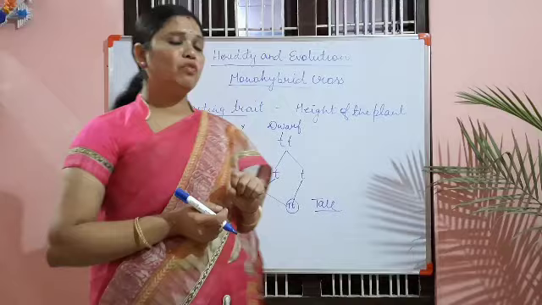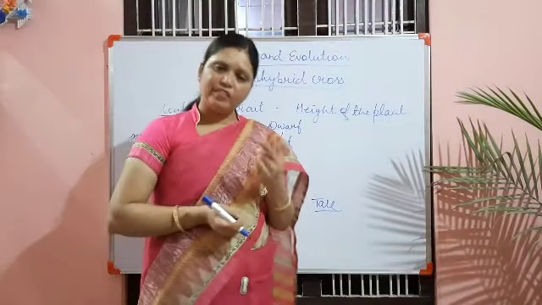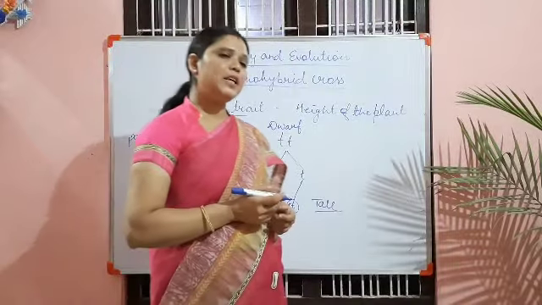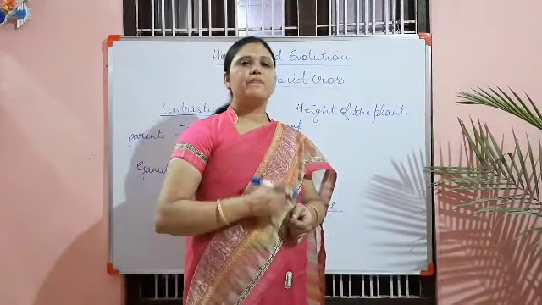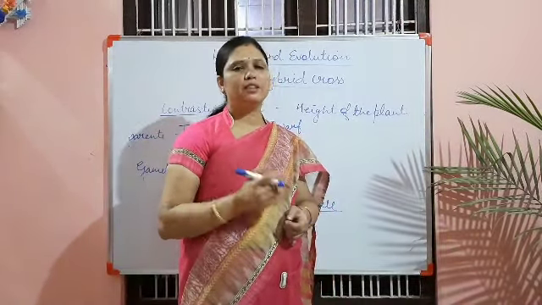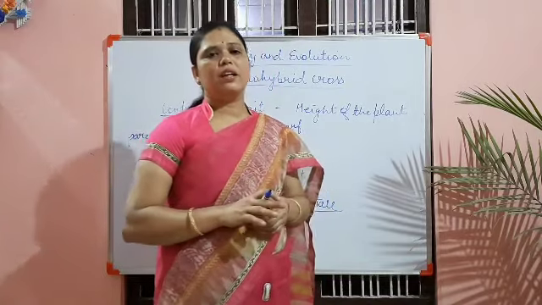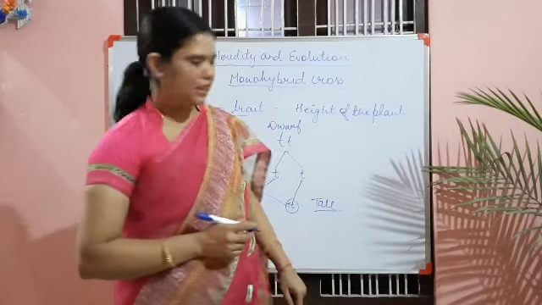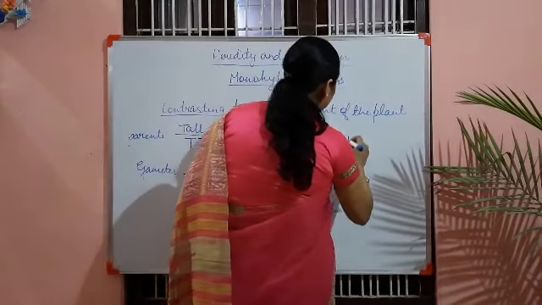That is why we use the Punnett square to represent F2 generation. Punnett, the name of the scientist, represented it as a box, known as the Punnett square, in which we will show the F2 generation. So I am making the F2 generation here.